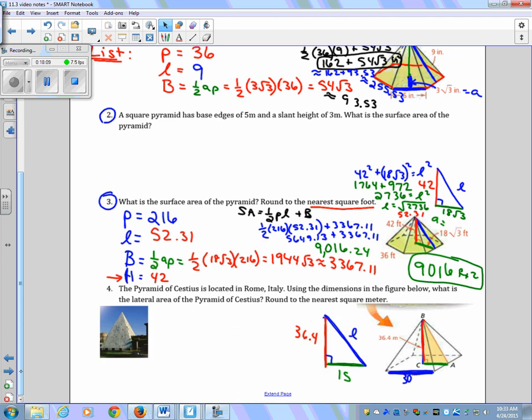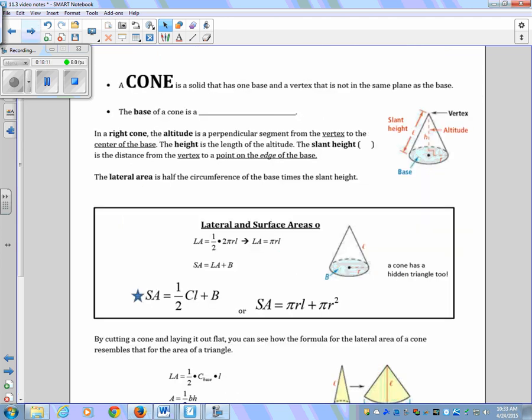This video is getting a little long, so let's look at cones really quickly. The base of a cone is a circle. And so the slant height, again, is L, and it's the same idea. It's just this slanted from the base to the vertex along the lateral face of the cone. So again, cones have hidden triangles too.